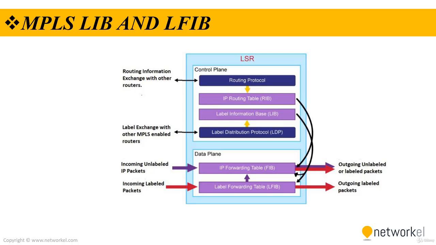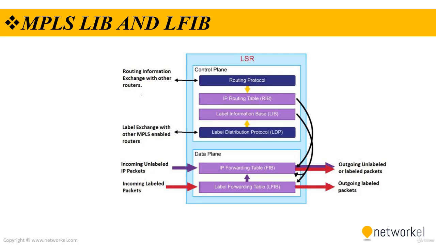Let's say an unlabeled IP packet arrives with a destination of 10.0.0.5. Because it is unlabeled, the FIB is used to make a forwarding decision.